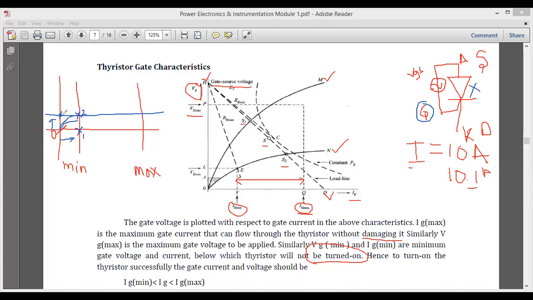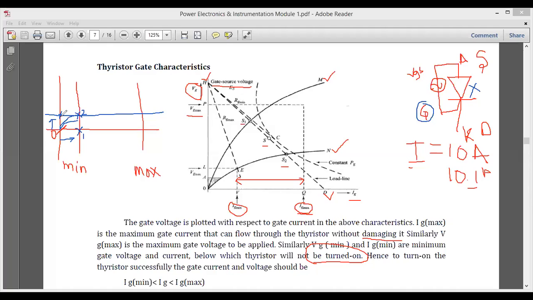Therefore, if you want to study the gate characteristics of the SCR, you should know the minimum operation, which says that if the gate current and the gate voltage are less than the minimum, your SCR will not turn on.